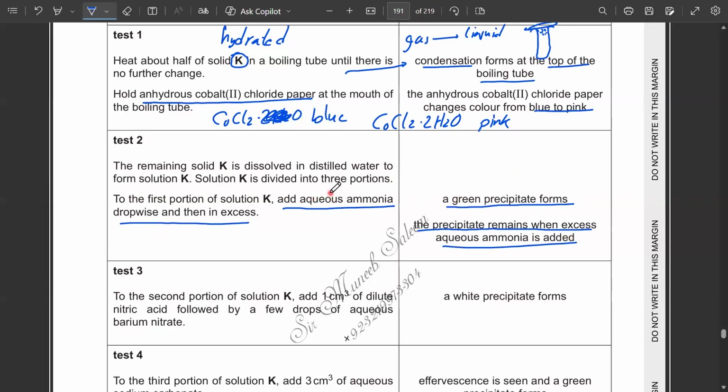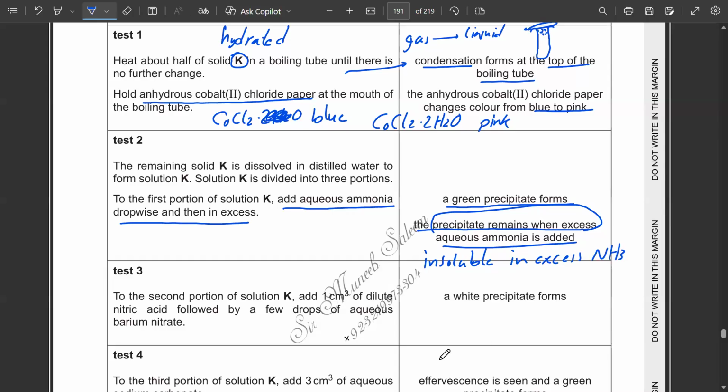So green precipitates are formed which are insoluble in excess ammonia.